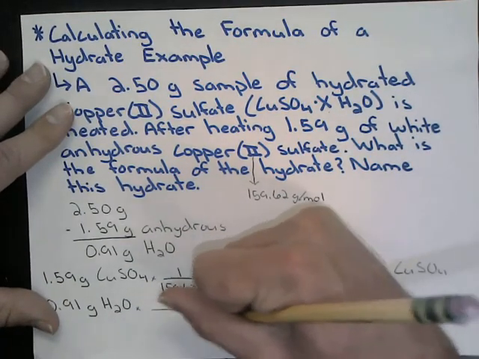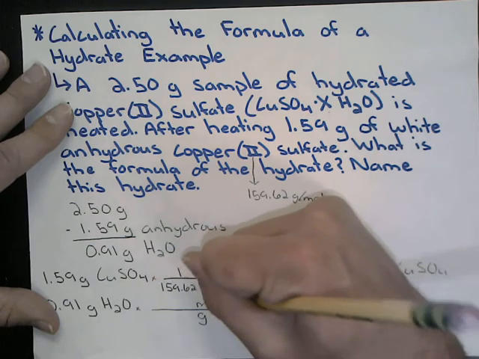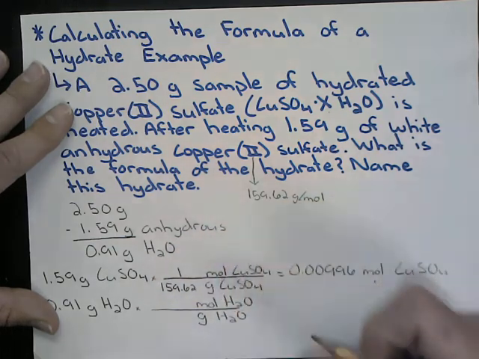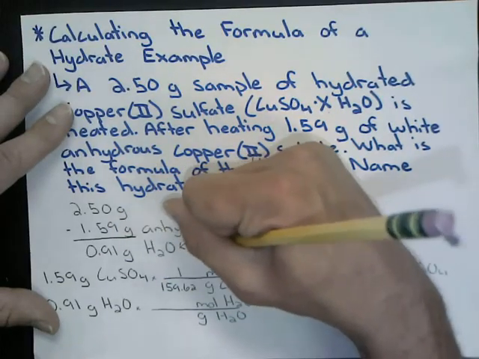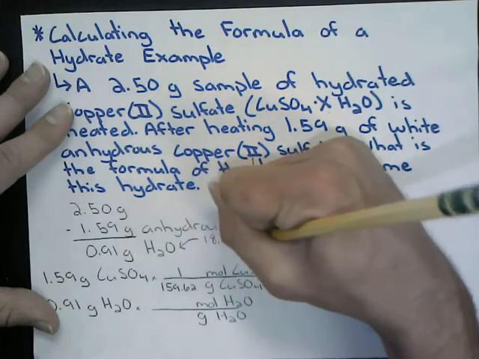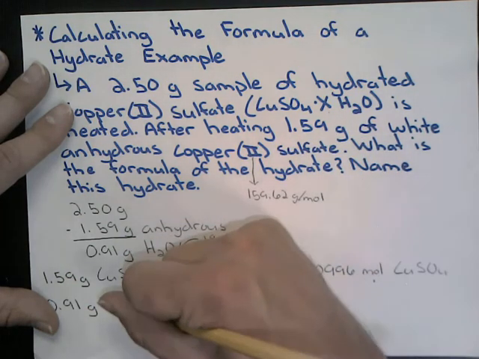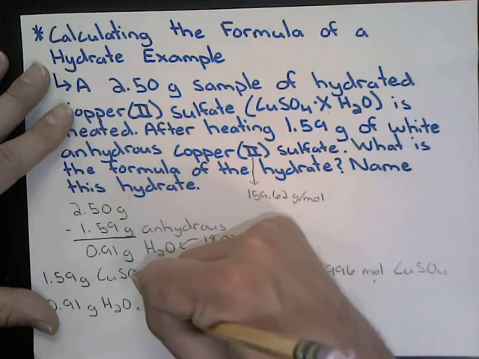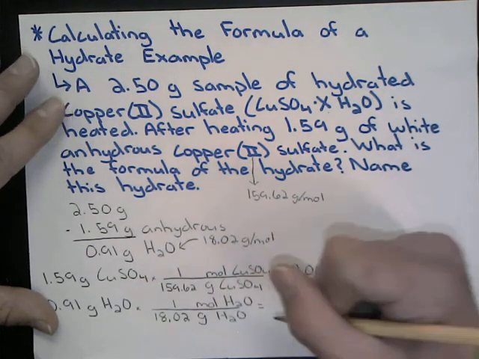So we'll get grams of H2O on bottom, and we'll go to moles of H2O on top. Now, to help you out again, the molar mass of water is 18.02 grams per mole. So once again, this big number is associated with grams. So we have 18.02 grams for every 1 mole of H2O.